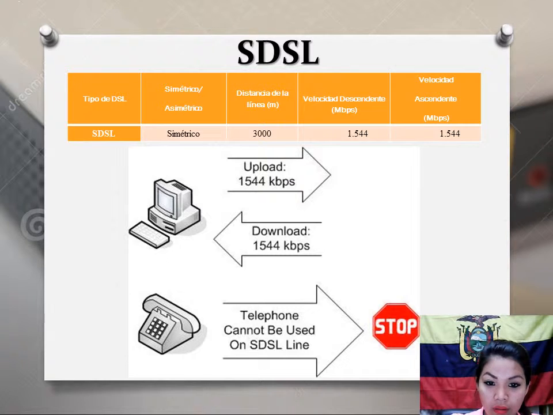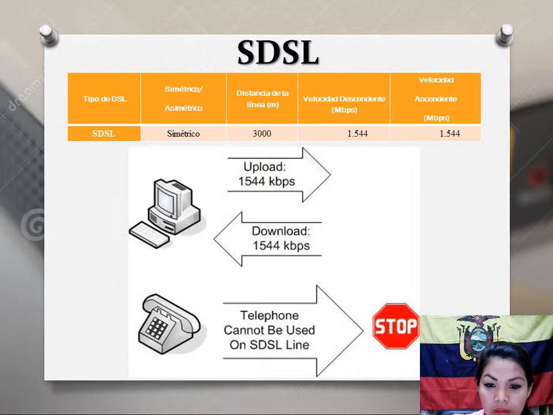xDSL, symmetric digital subscriber line, is very similar to the xDSL technology, since it supports symmetrical transmission, but with two particularities. It uses a single copper pair and has a maximum range of 3 km.